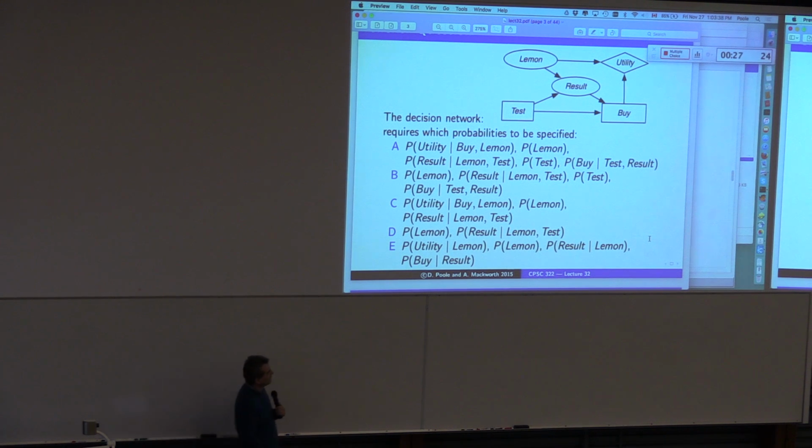Oh, so this is about buying a car. Some cars are called lemons, which means it's a car you don't want to buy. And you can do a test on it, and then after the results, you can decide whether to buy, which gives the utility. That's what lemon means here.